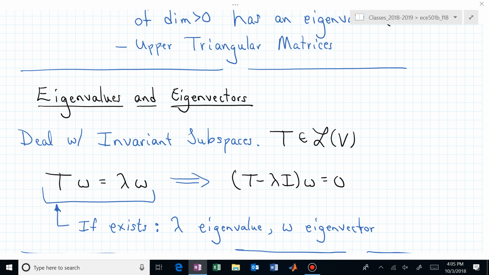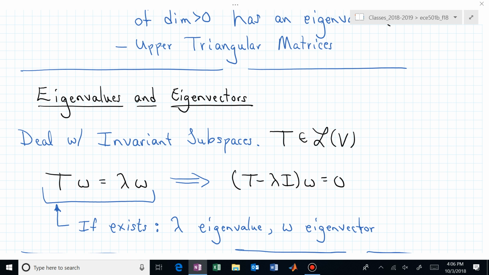And you should be comfortable if somebody gives you Tw equals lambda w, looking at that as the second equation on that same row, the quantity T minus lambda I times w. That's now telling you something unique about that vector w. It's in the null space of this operator T minus lambda I.